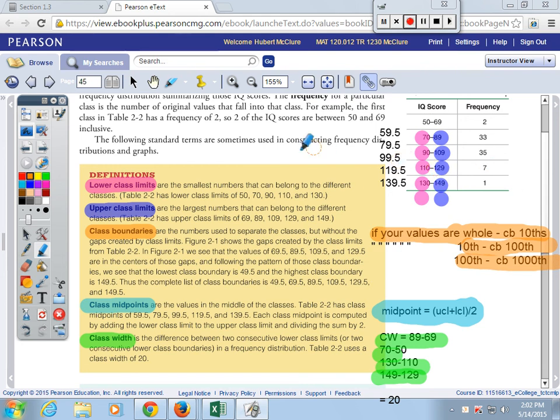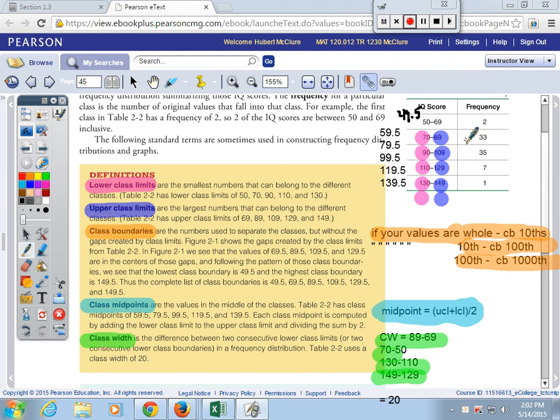Whole numbers, tenths, or hundredths? Whole numbers. So our class boundary is going to be to the tenth. What's right before 50? 49 point what? 49.5. So your 49.5 is going to be the class boundary here.